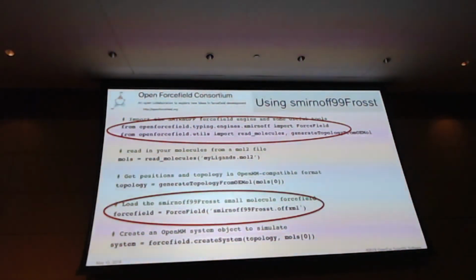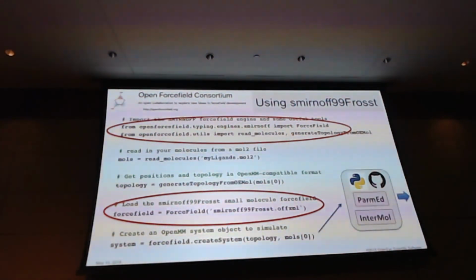So this is applying the SMIRNOFF99Frosst force field to your molecule. Then you produce this thing called system, which is an OpenMM object. Well, great. What are you going to do with that? That can then go straight into ParmEd or InterMol to become the system if you want to use one of these other engines. We're going ahead and using it with OpenMM because that's what we'd like to do, and we actually like OpenMM a lot.